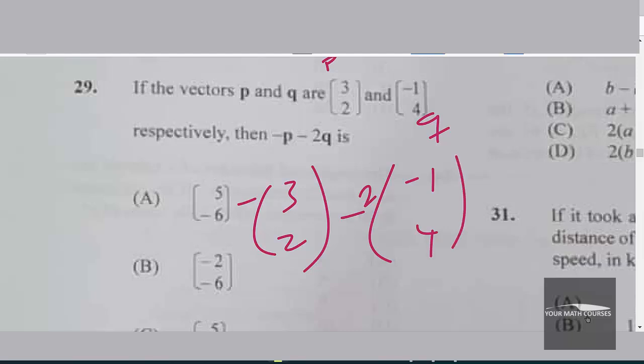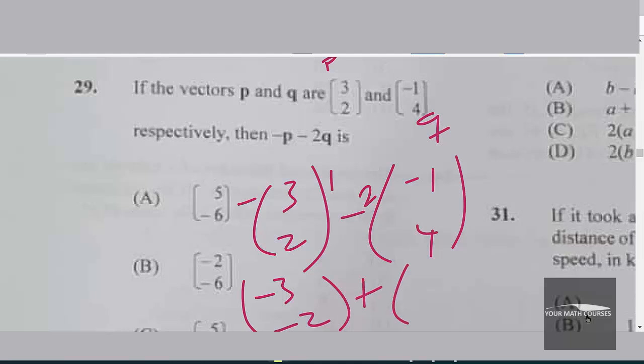So we are going to use the sign here to multiply both components of the vector. So we will get negative 3, negative 2.